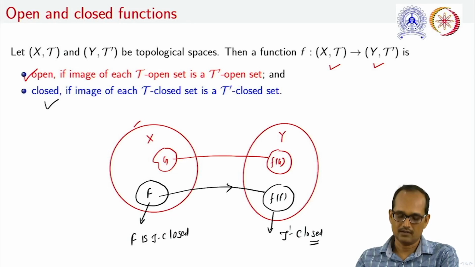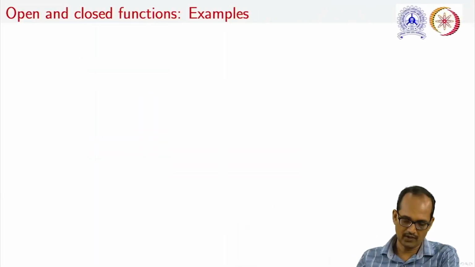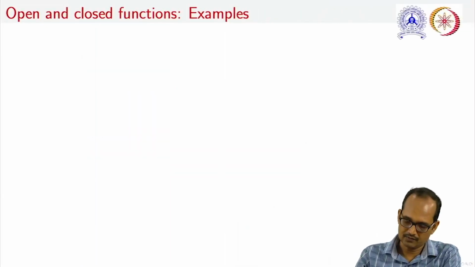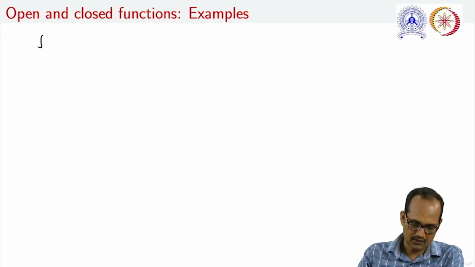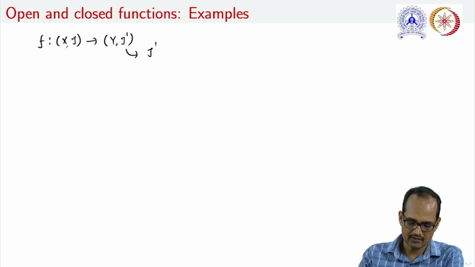Let us take some examples of open and closed functions. Begin with the first example. Let us take an arbitrary function f from a topological space (X, tau) to (Y, tau dash), where this tau dash is the discrete topology.